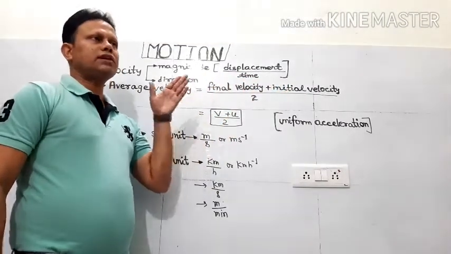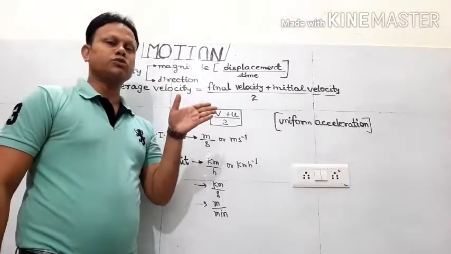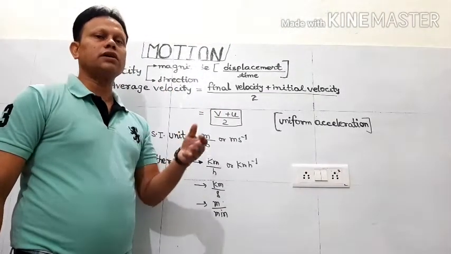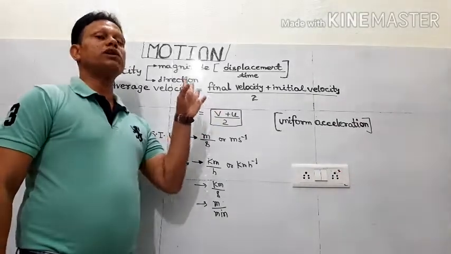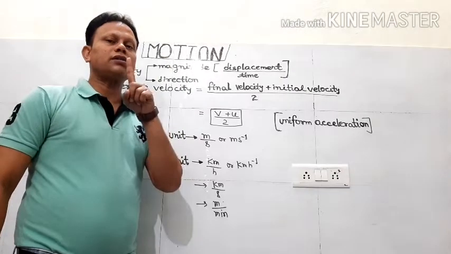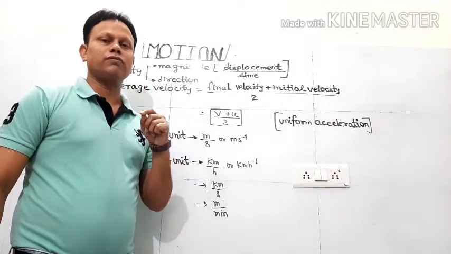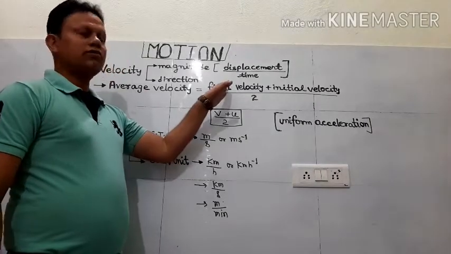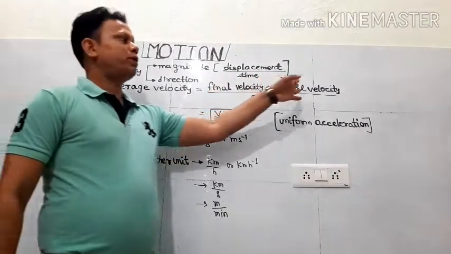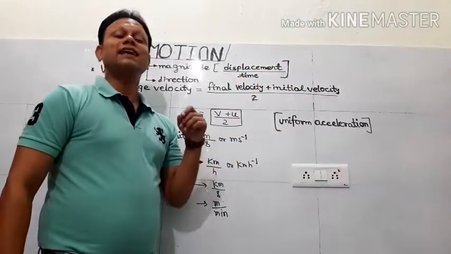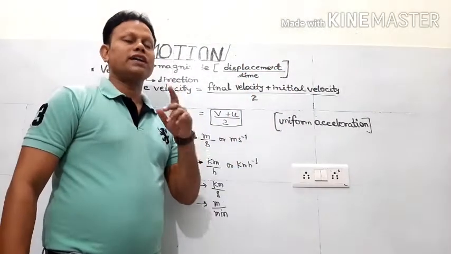Suppose at some instant we see an object is moving with 10 meter per second, and after 6 seconds we observe it is moving with 22 meter per second. For that period of time, if we want to take one value of velocity, we take final velocity 22 plus initial velocity 10. So 22 plus 10 is 32, divided by 2.